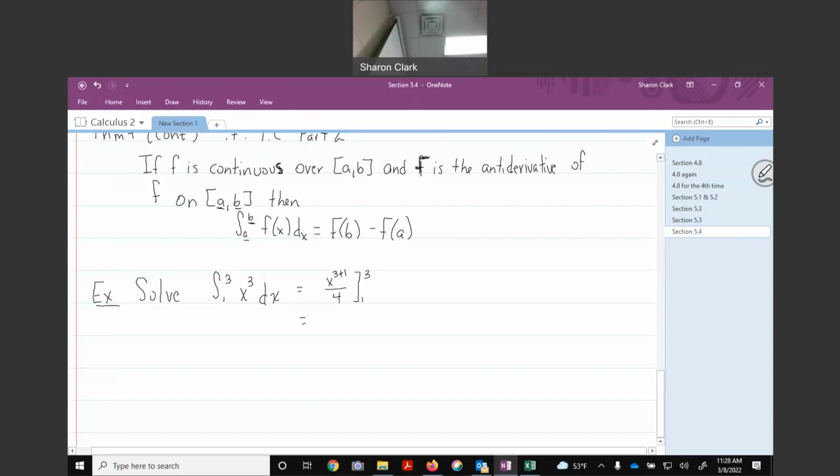So we do 3 to the 4th over 4 minus 1 to the 4th over 4. 3 to the 4th is 81 over 4 minus 1 over 4, which is 80 over 4, which is 20.